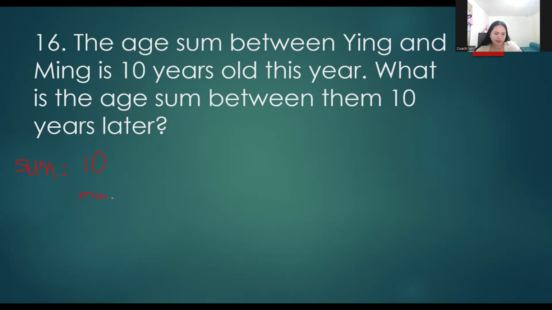And then for Ying's age, you also have to add 10. So that means you just need to add what? 10. No, because you added, so this will be added together, right?